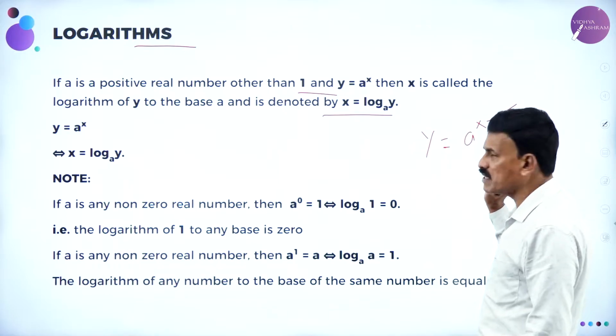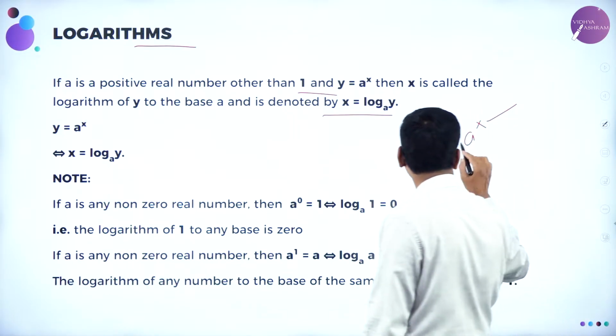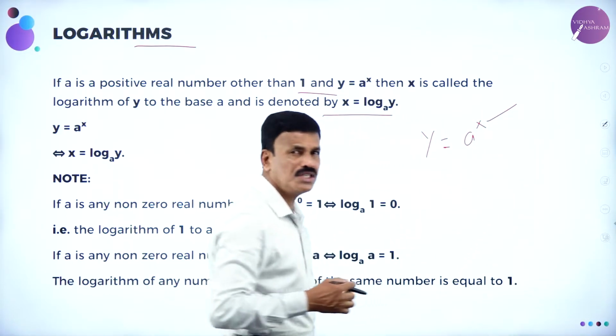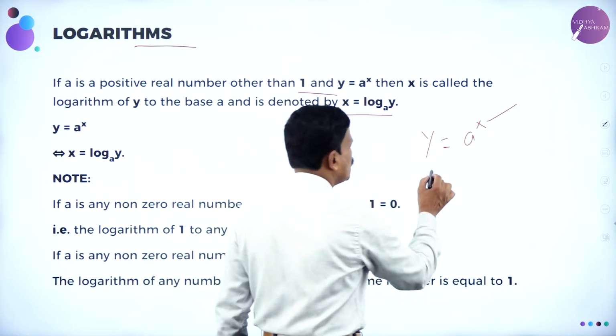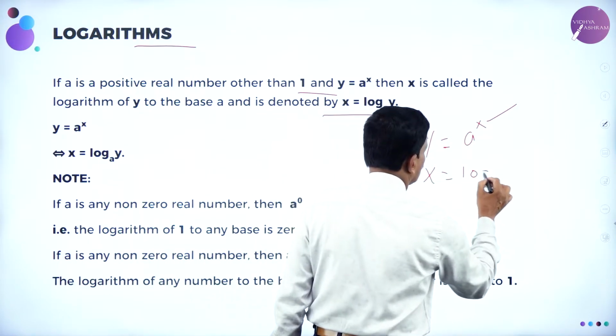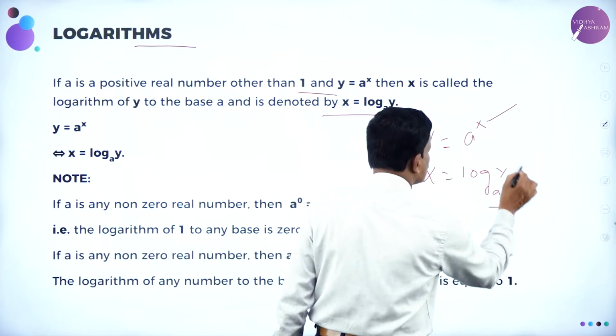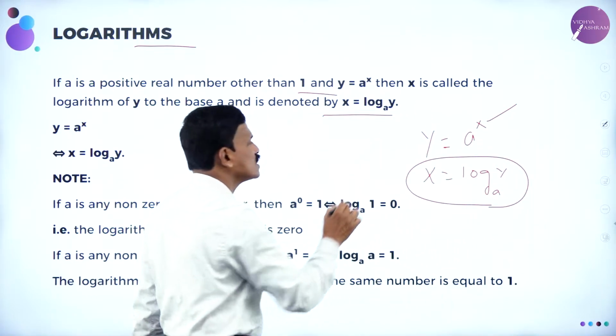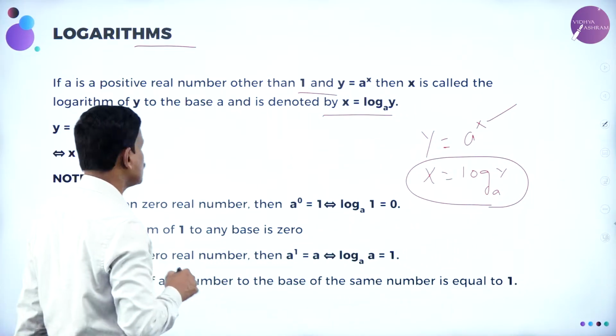So the base will remain the same. If y is equal to a to the power of x, then this x is called the logarithm of y to base a, denoted as x is equal to log y to base a.